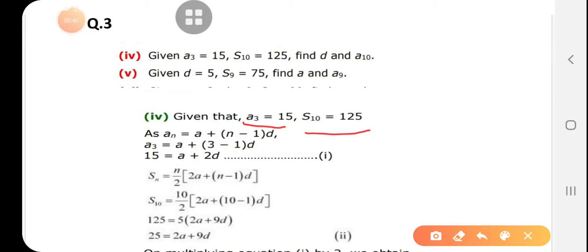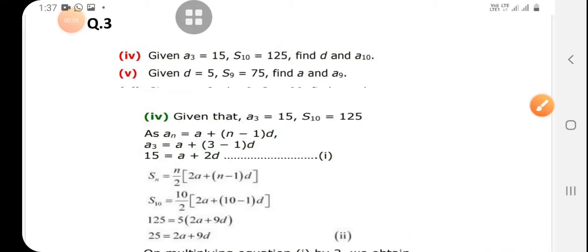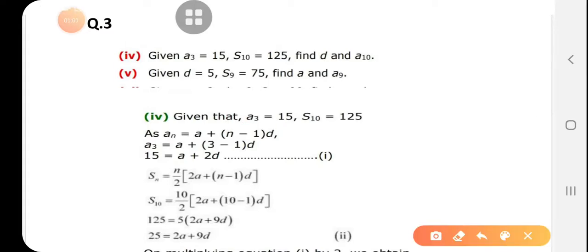So to find the value of a and d, first I will take the formula of the nth term, that is an is equal to a plus n minus 1 into d. Look at here, this is the formula. Here we use n equal to 3, so we put the value of n as 3, then we get a3 is equal to a, the first term, plus 3 minus 1 into d.